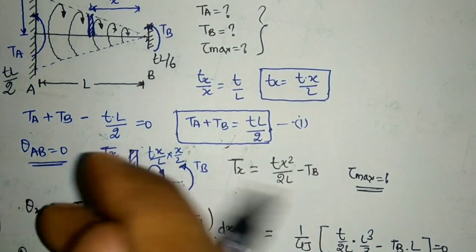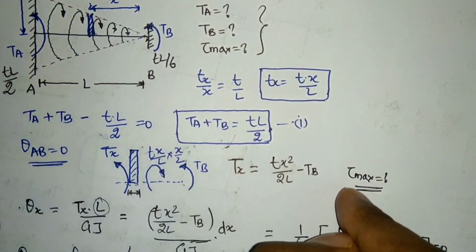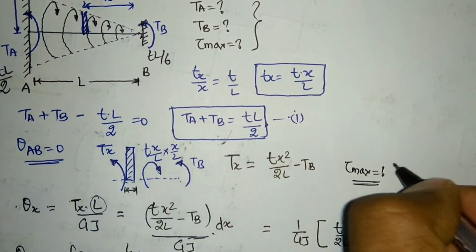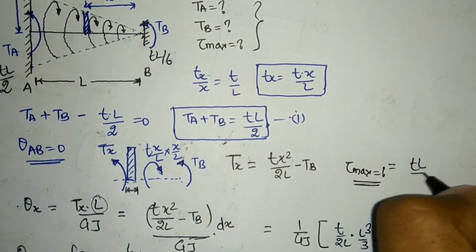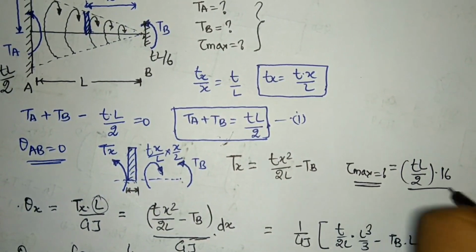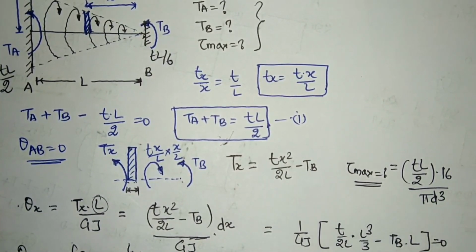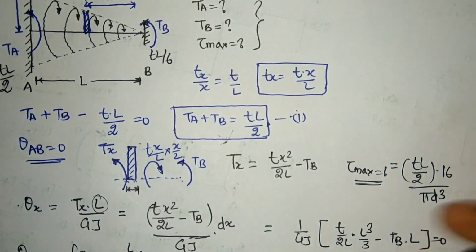Fine. So what is the maximum value of torque? That is TL by 2 only. So tau maximum will be with respect to TL by 2, which is equal to TL divided by 2 into 16T divided by pi d cube. That is my maximum torque value.